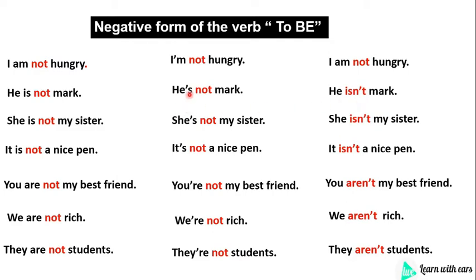And here i is missing. In the place of i we are putting an apostrophe. So this is he's not Mark, and this is he isn't Mark. She's not my sister, and this is she isn't my sister. Okay? We can use negative form of the verb to be in this way, or we can use it in this way. It's quite simple.